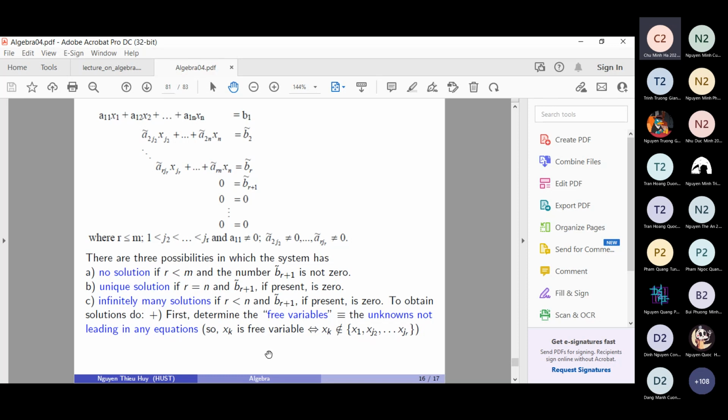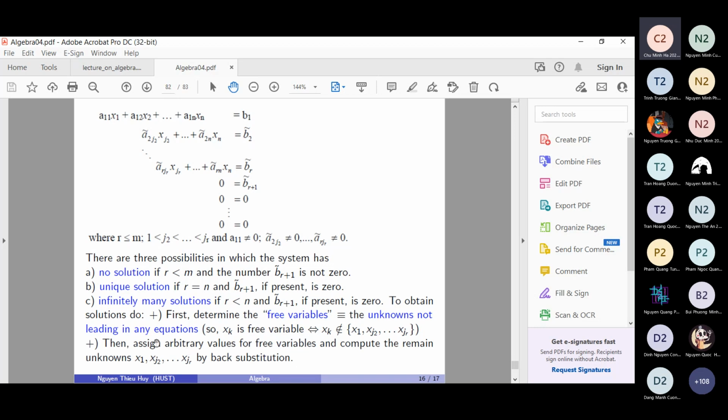Then after you choose the free variables, turn the free variables to the right hand side, and solve for the rest, x1, x j2, up to x jr, with respect to the free variables.